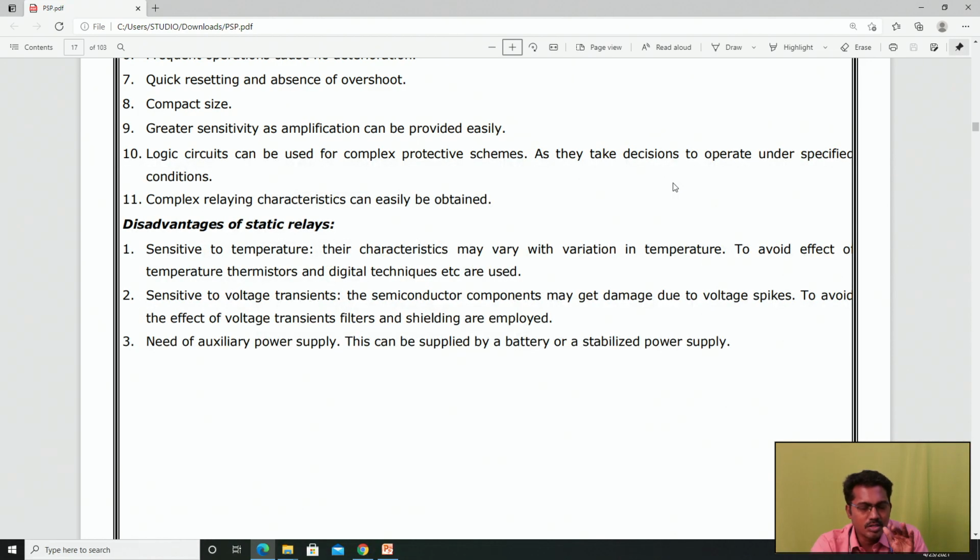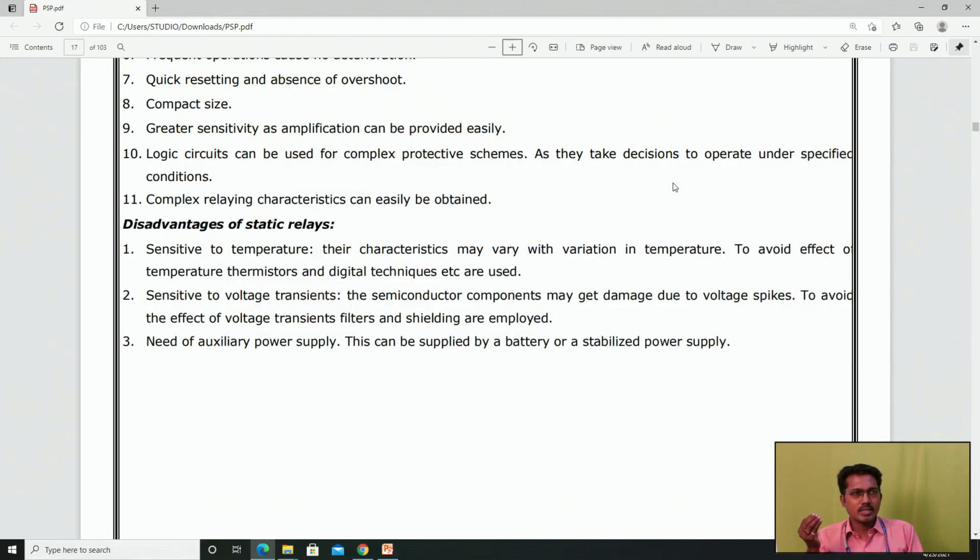And it is sensitive to voltage transients. With an electromagnetic relay, when any sudden peak occurs in the waveform, the flux changes and the response of the relay to the flux changes will be less. So naturally there will be a time delay for the electromagnetic relay for fault conditions, but that time delay is helpful at the time of a voltage transient.